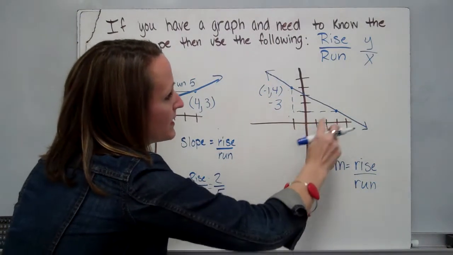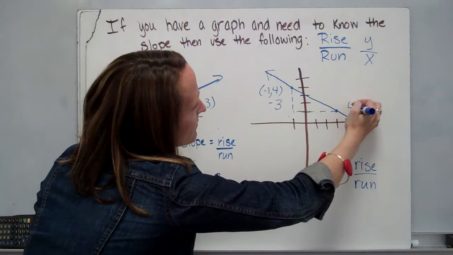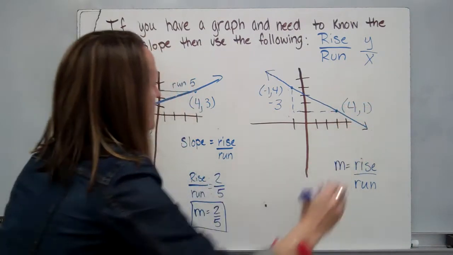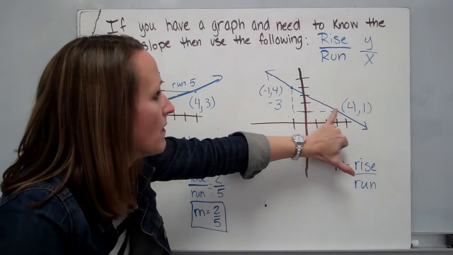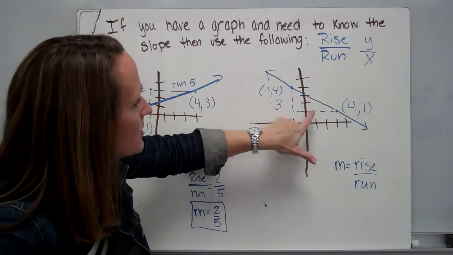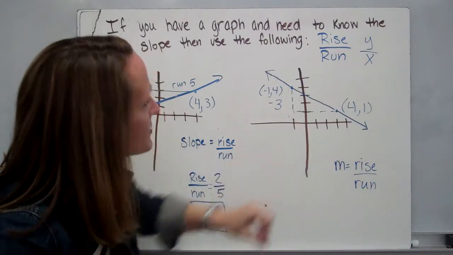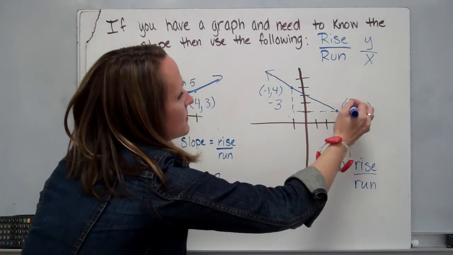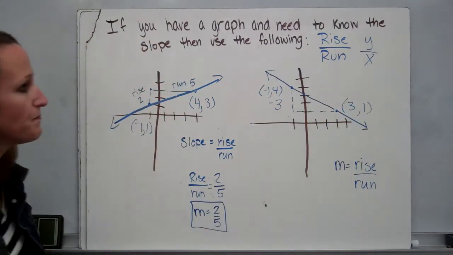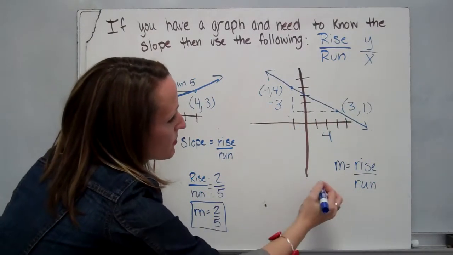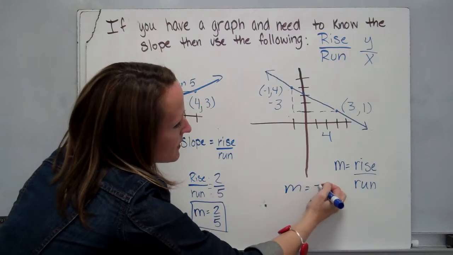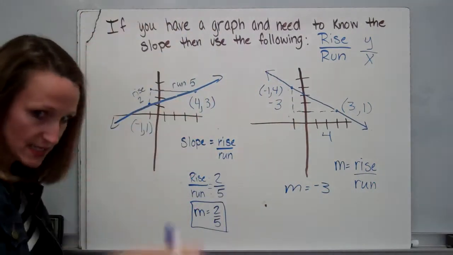And then I went over here to, again, (4, 1). I'm going to go over 1, 2, 3, 4. Wait a minute, 1, 2, 3, 4. So that must be (3, 1). Sorry. All right, so my run is 4. So my slope, my m, is going to equal -3 over 4, because my rise went down 3.